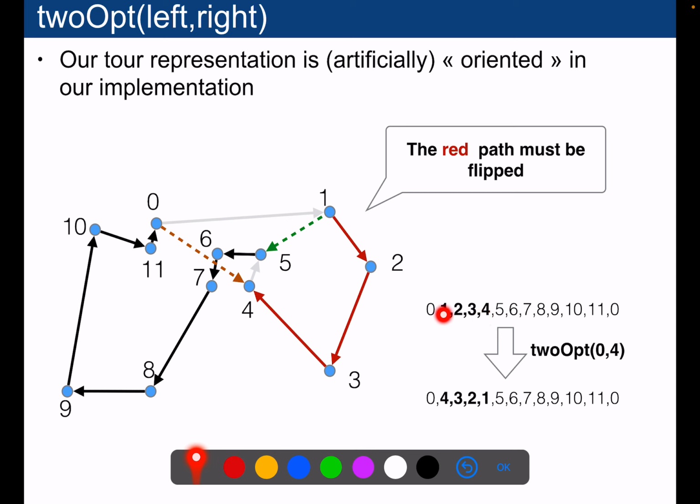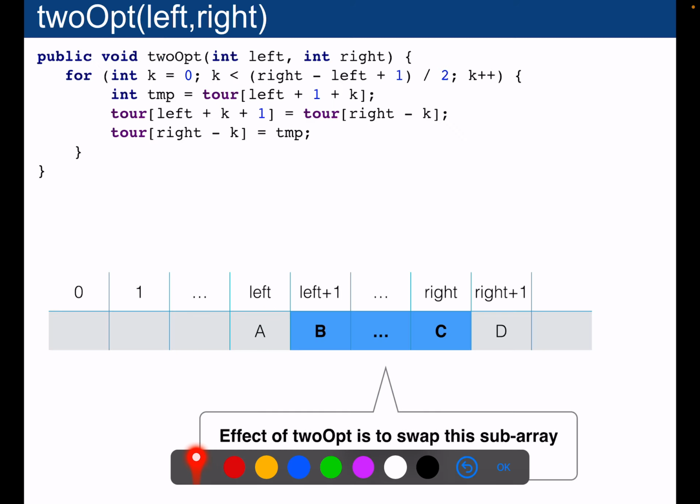So instead of 1, 2, 3, 4, we have 4, 3, 2, 1 after the two-opt move that will break just after the edge between 0 and the next one and between 4 and the next one. That's the two arguments. And this is what we do here. We are flipping the array, this subarray from left plus 1 until right.